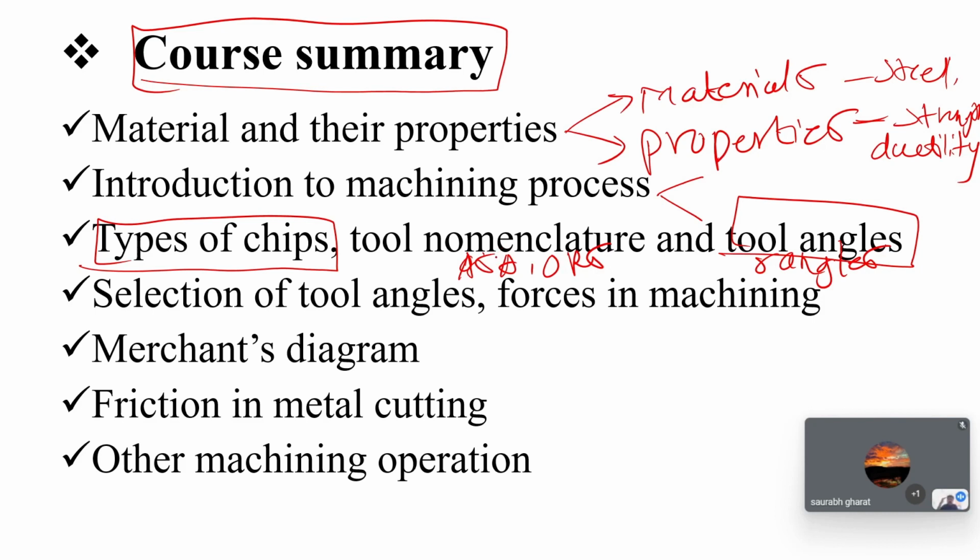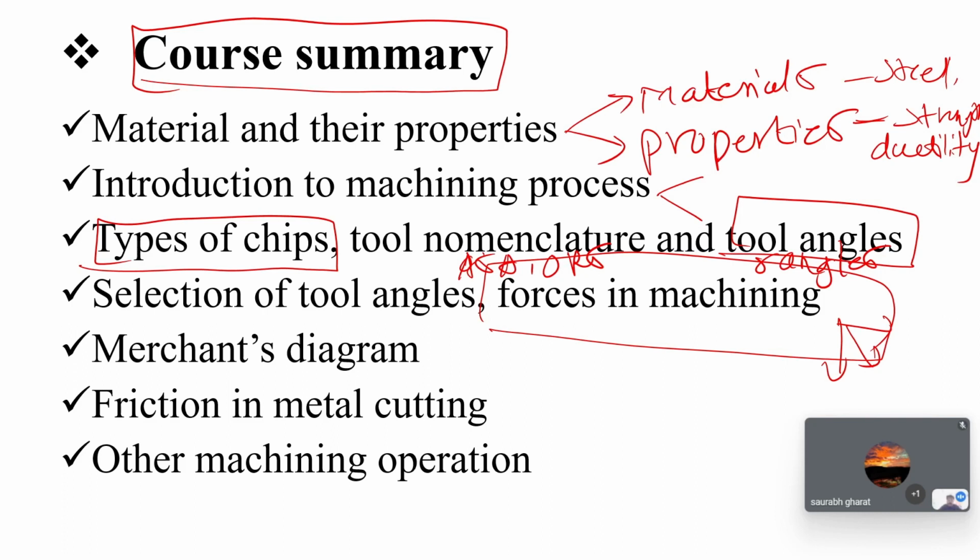For optimum cases, what tool angles will you select? Then the forces in machining: what amount of forces are acting in machining. You must consider the forces that are taking place, how and where they are acting. In the selection of tool angles, you should know what angle to select, how to increase it, how to reduce it, and what the effects are if you increase or decrease it.